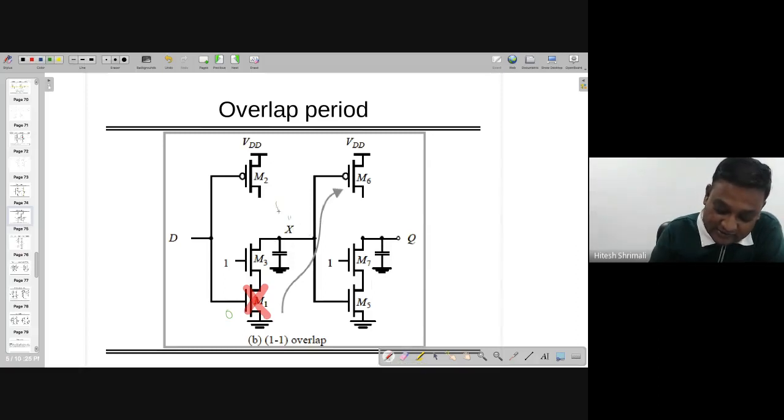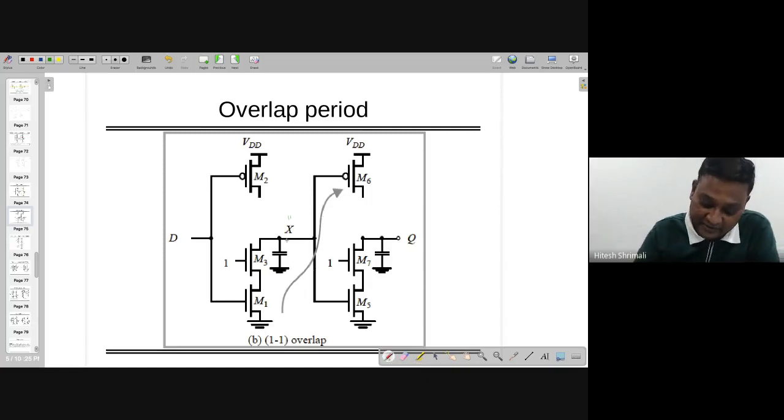So X holds the previous value, or you can say that it will latch, right? So this is what is happening. And in the next stage, you can see that there is no connection from X to Q. D to X is already there, right? But X to Q is not there. Here there is a high impedance state, so this X is not transferred to the Q side.